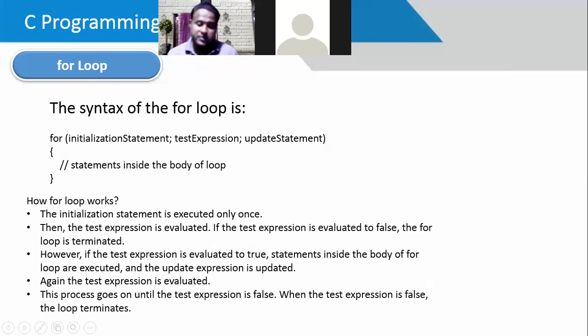If the test expression is true, the statement inside the body of the loop is executed and the update expression is updated. Again the test expression is evaluated. This process goes on until the test expression is false. When the test expression is false, the loop terminates. This process continues as long as your condition is true.